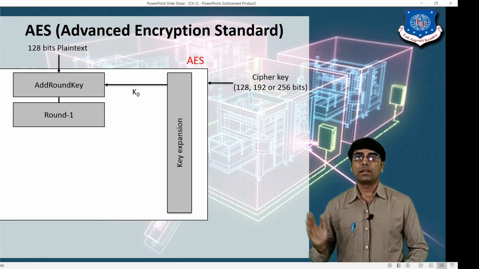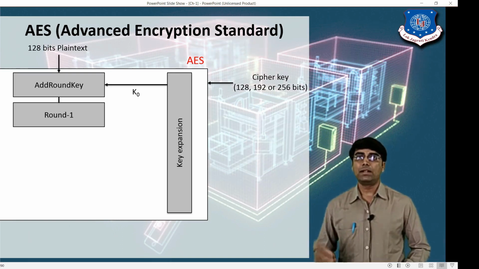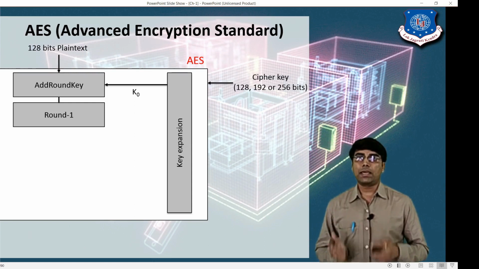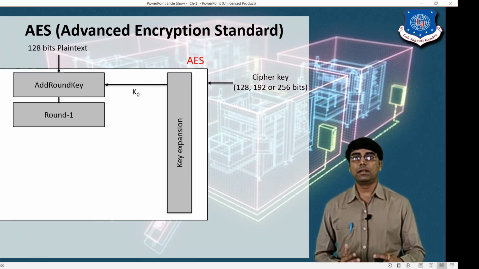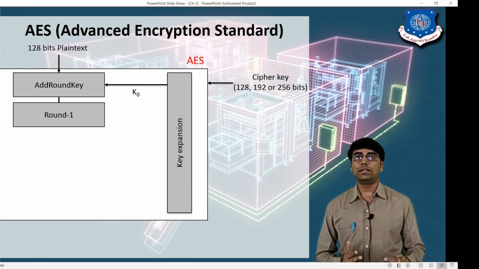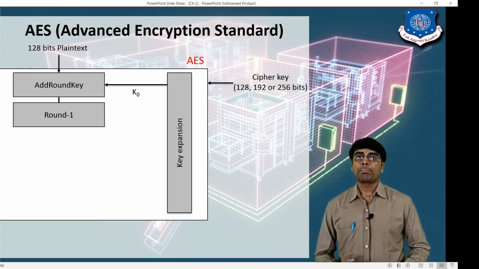In the next key, the size is again 4 bytes per word, and it represents the words W4 to W8. The number of words is input to the AES algorithm.